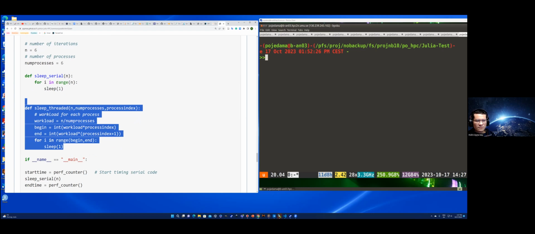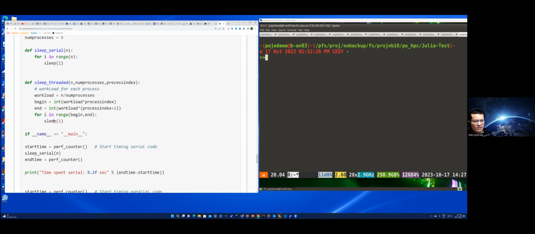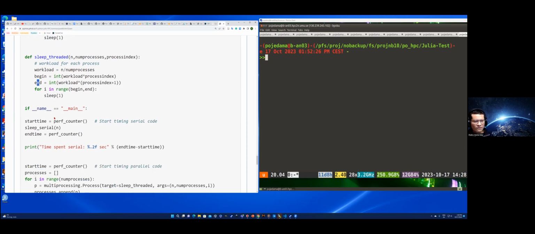It's not like going from here and then getting some parallelization. One needs to refactor the code in some way that it is aware of the parallelism. This is the parallelization using M processes, this is the workload, and here is the beginning and the ending of the for loop for each process.